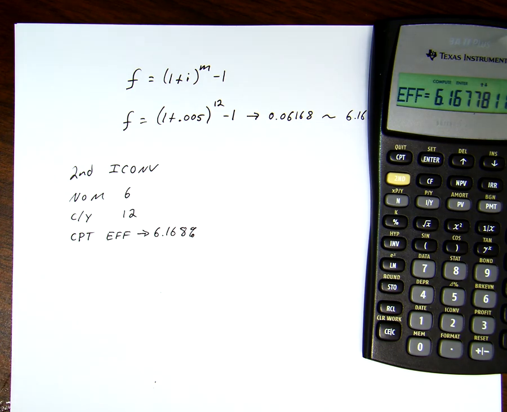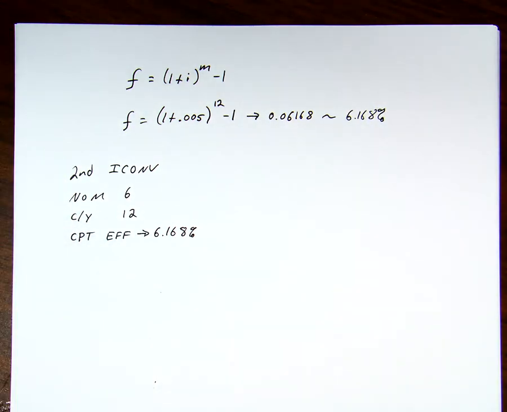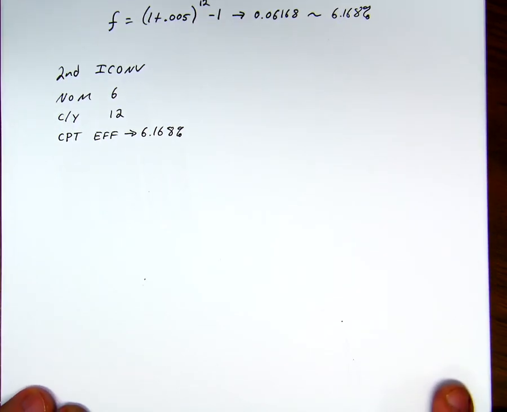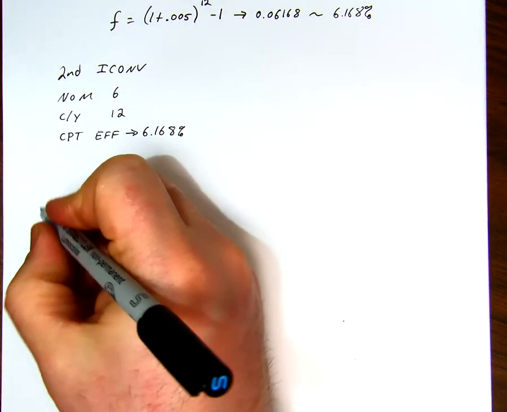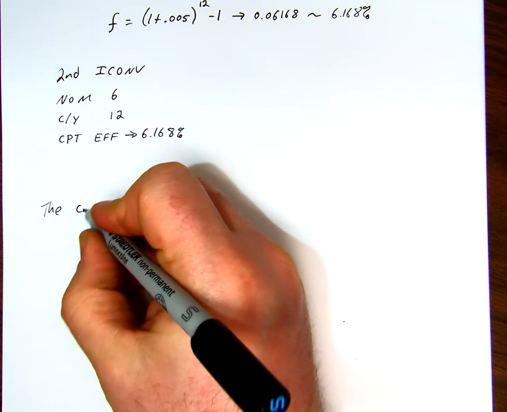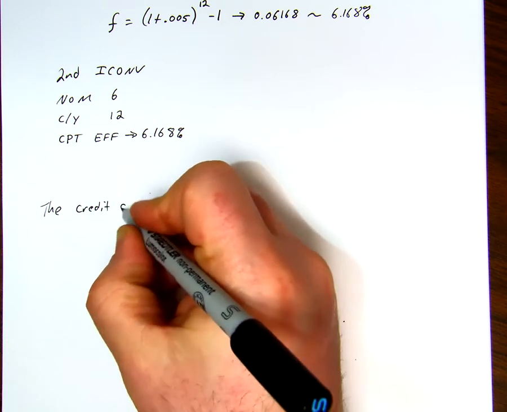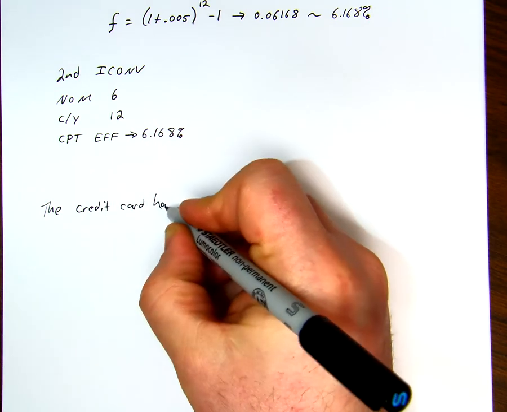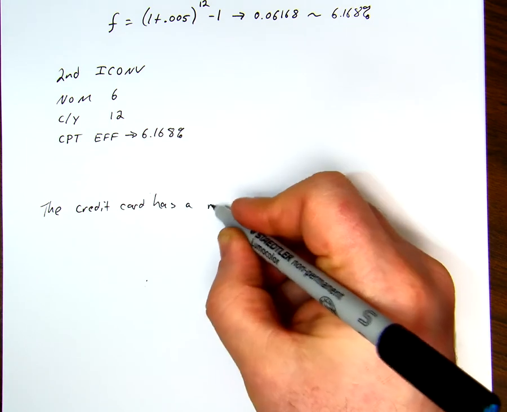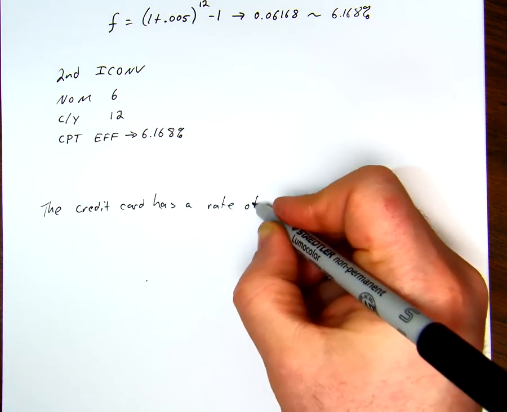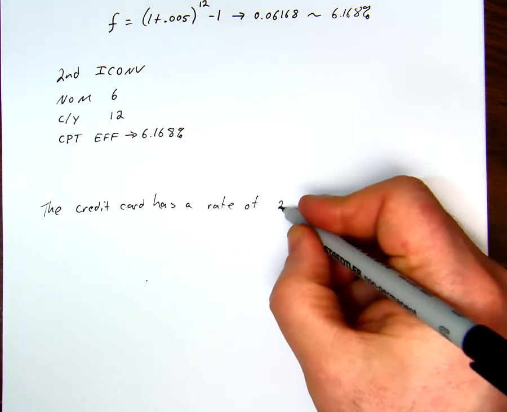If you look at an effective rate, we're going to do one other example. We can take a look at a department store credit card. And the credit card has a rate of, we'll say, 24%.